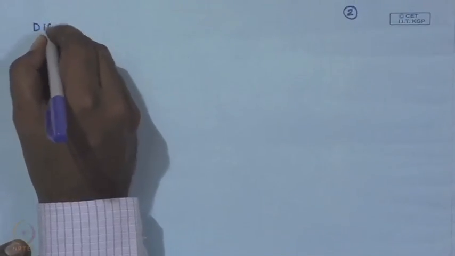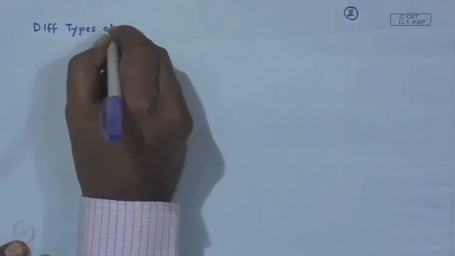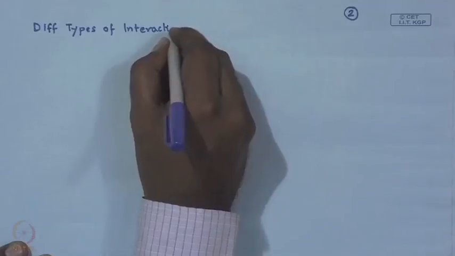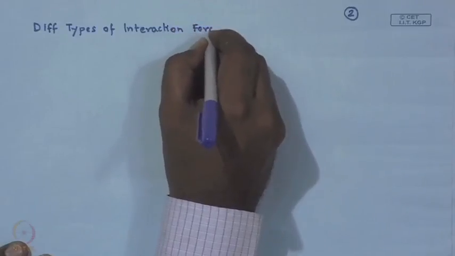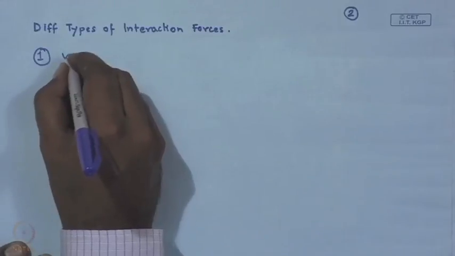So, the different types of intermolecular or interaction forces are as follows. Firstly, we have the van der Waals forces.